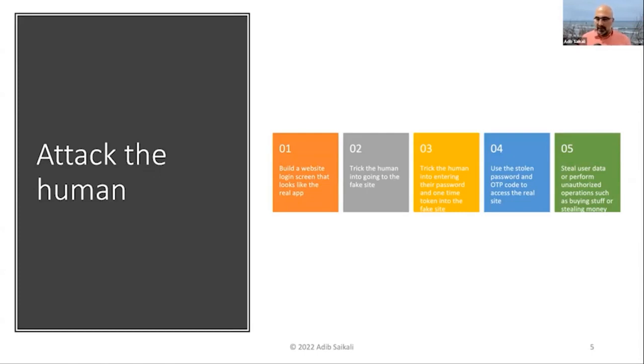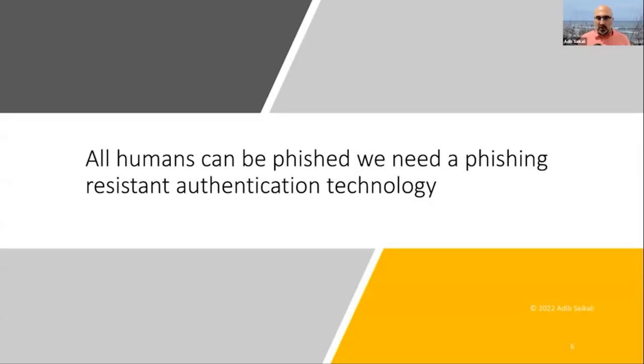And then once the hacker website has it, they use those credentials to access the real site and steal money or do unauthorized things or steal the user's data. So the key thing is, it doesn't matter how strong the technology is, humans can be phished. Humans can be socially engineered into doing something they're not supposed to do.